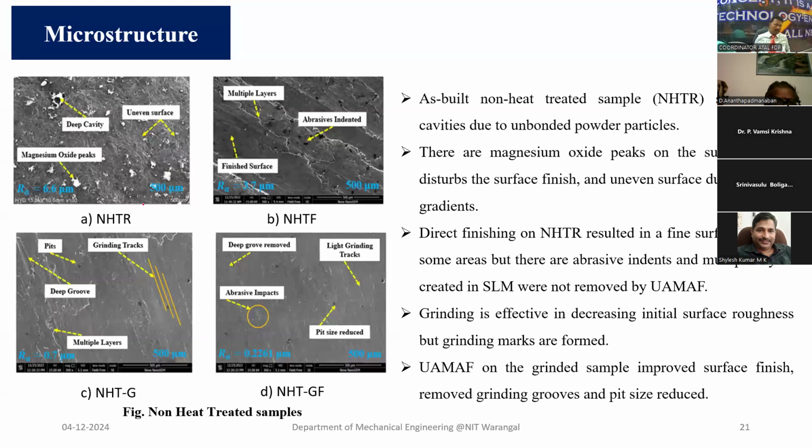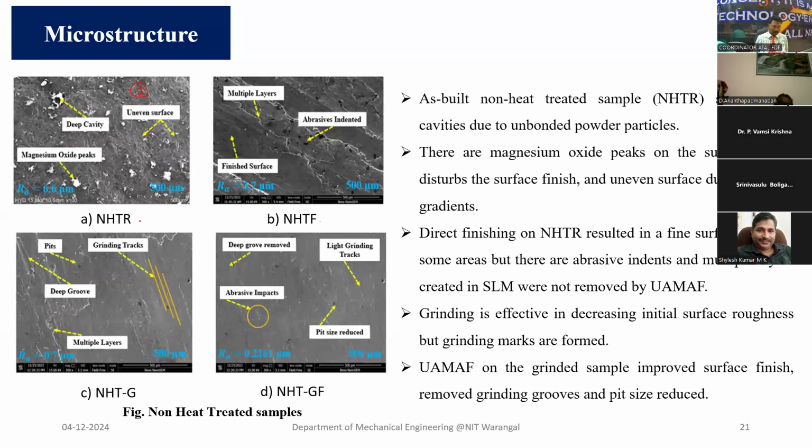First, we took the non-heat treated sample. This is the one that is as-it-is 3D printed component, and this is 3D printed component but with grinding. F means non-heat treated finishing.